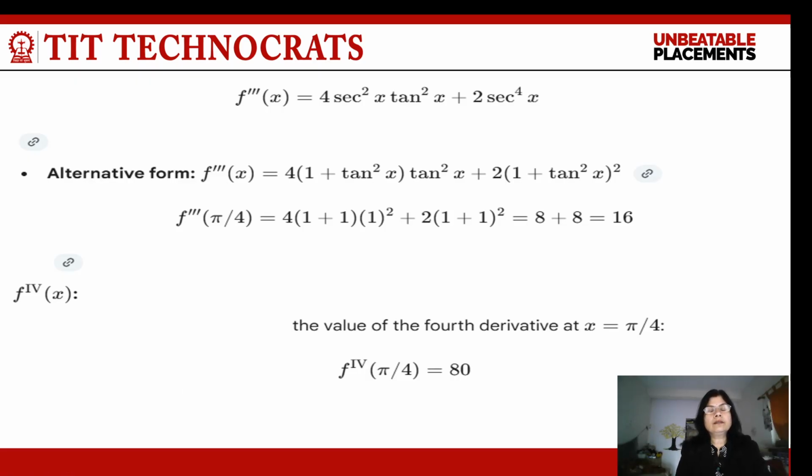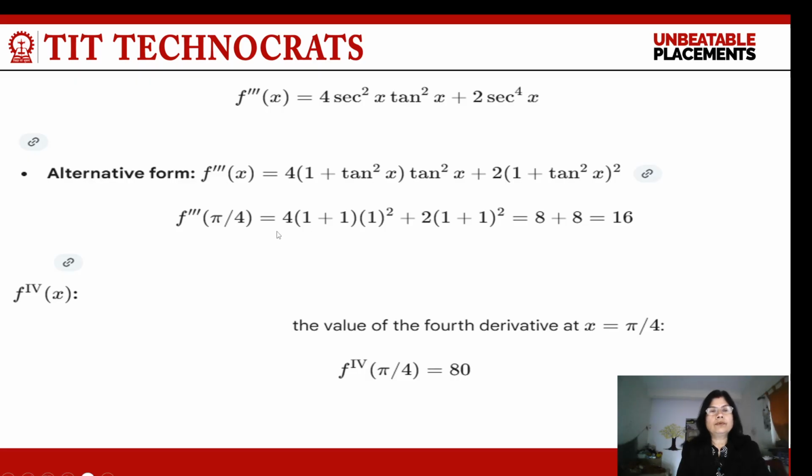differentiation of the function is 4 sec^2 x tan^2 x + 2 sec^4 x. We can write sec^2 x is equal to 1 + tan^2 x. So we put sec^2 x = 1 + tan^2 x. So 4 into (1 + tan^2 x) into tan^2 x + 2 (1 + tan^2 x) whole square.